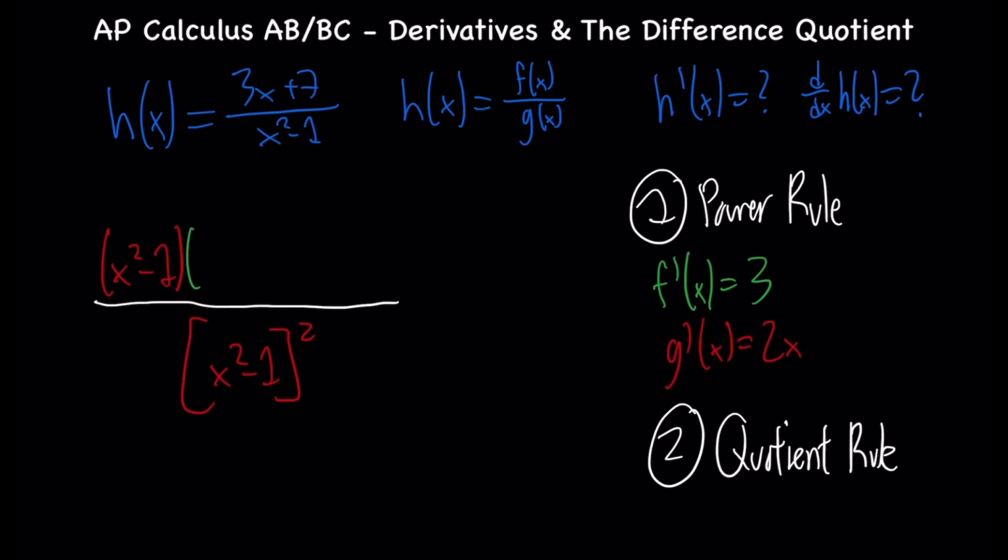So let's do this. You got x squared minus 1 times 3. Then you got minus f of x, which is 3x plus 7, times g prime of x.